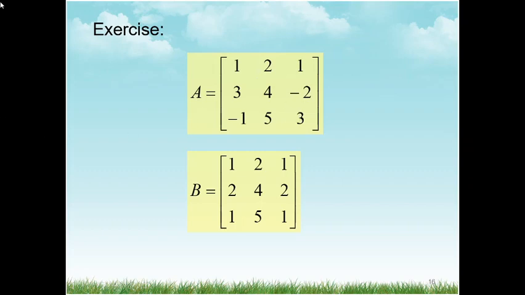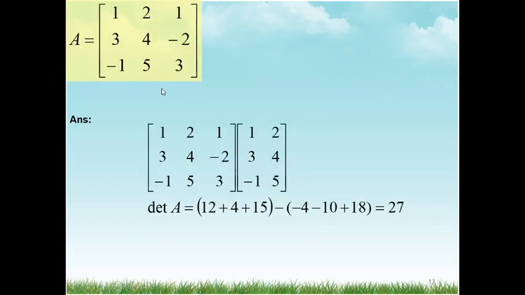As I said earlier, one method to solve simultaneous equations is using Cramer's rule. If we arrange our equations in matrix form, we have to find the determinant of the matrix. So let us find the determinant of matrix A. By the way, B is another example. Let us try doing matrix A first.